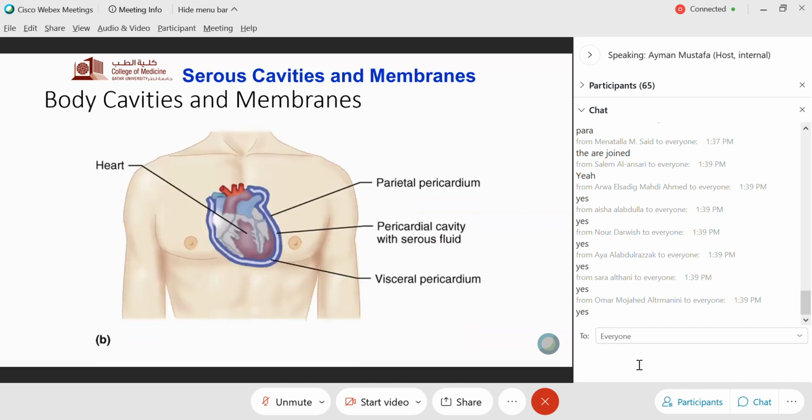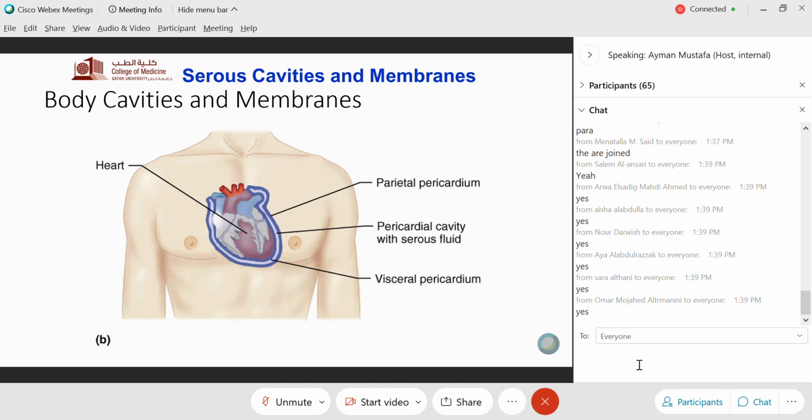The other topics we need to study are the serous cavities and membranes. Our internal organs, not all of them, but many of them, will not be left without covering, because they will start rubbing against each other and this will make friction and it's not healthy.